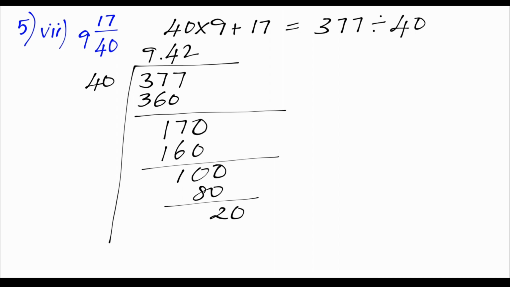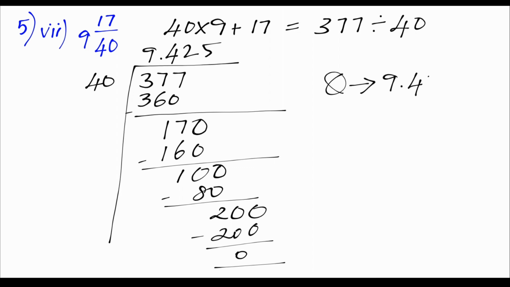And again I will add 0. Next, what we can do? 40 5s are 200. So we'll have the remainder as 0. So quotient is 9.425. Remainder is 0.